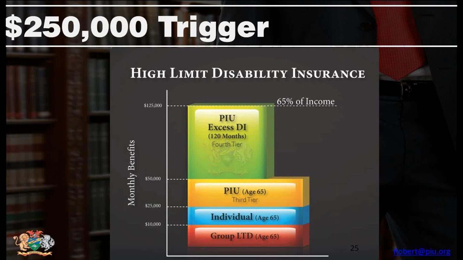We refer to this as the $250,000 trigger. That means that any one of your clients earning at least $250,000 per year, we can almost guarantee there will be a need for supplemental DI. And that's when you approach Petersen and bring us into the picture for that overall financial plan.